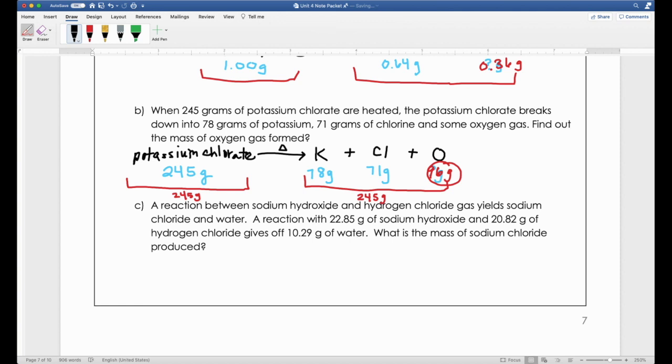So C, a reaction between sodium hydroxide and hydrogen chloride gas yields, which is a fancy word for produces or makes, or chemists like to use fancy words. So they typically use the word yields, sodium chloride and water. And then we start getting all the numbers here. What I'm going to do first is write a reaction out for this because I think it's easier to take these word problems and write out an equation, because it's easier to digest all of the information the problem is giving you.